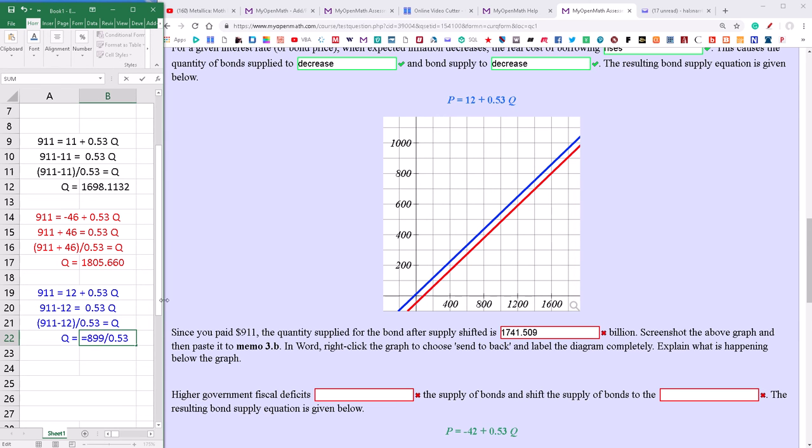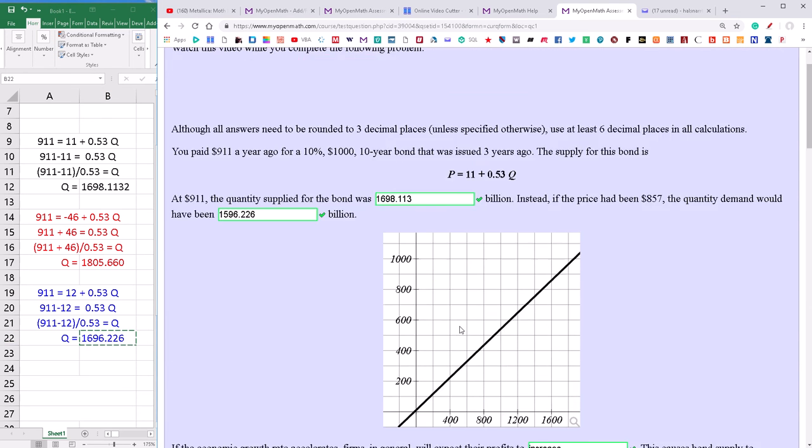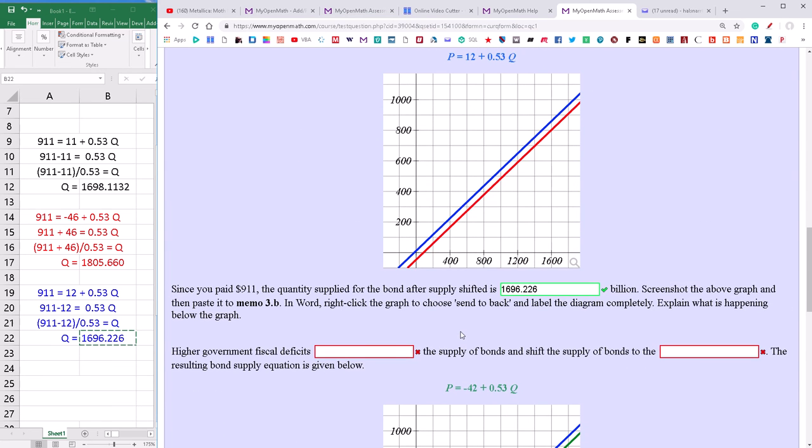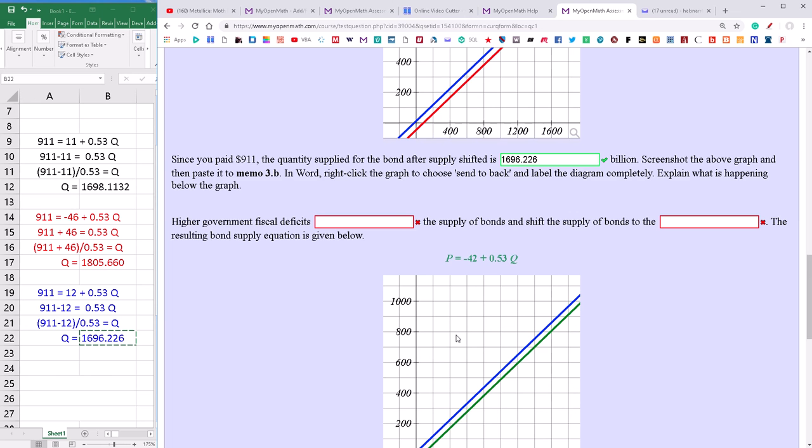Let's copy that expression and paste it down here, and we get that for the quantity, to 2 decimal places. Okay, there we go. Now I've got it fixed. My mistake, my bad. That's a good lesson to not skip steps and to do a step-by-step solution every time.